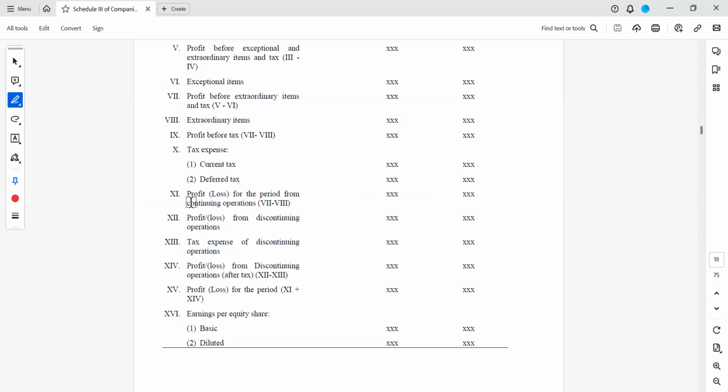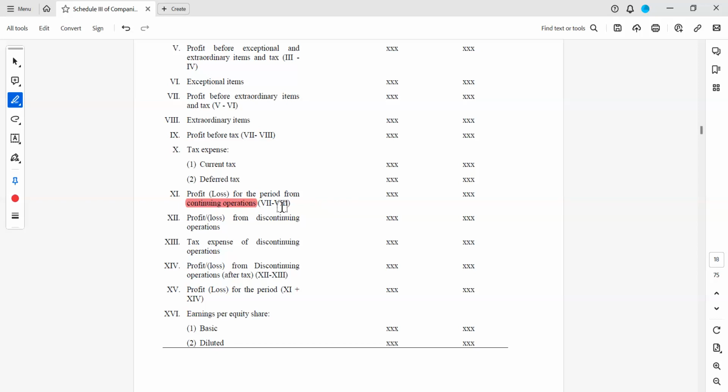Here you have to be careful. This is what they are saying. Till now they have not told anything about continuing operations. So you have to be careful here.